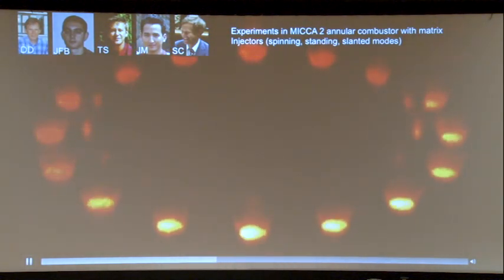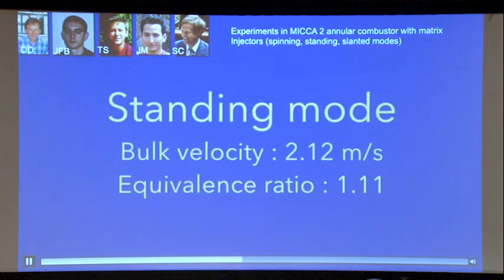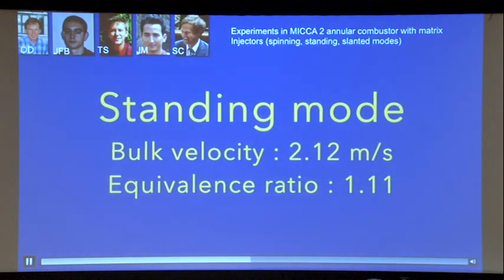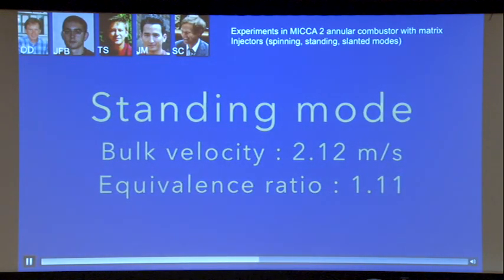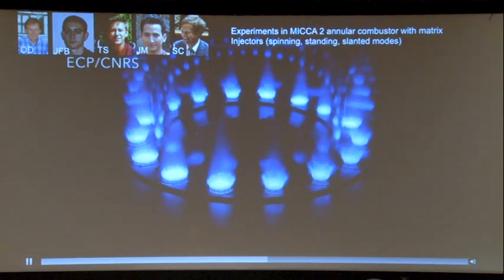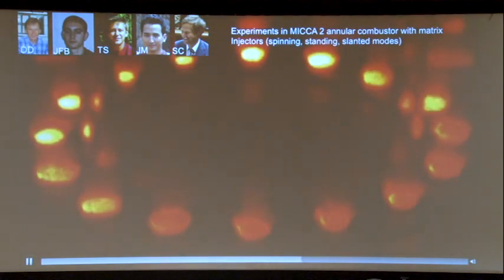You can see here. So this rotates at high speed, at the speed of sound, essentially. Now this is the standing mode. It's a different place in the... and you see now it goes on one side and the other, almost, yes.